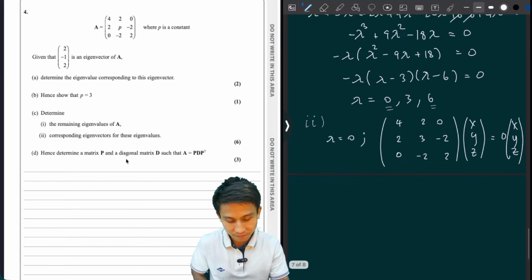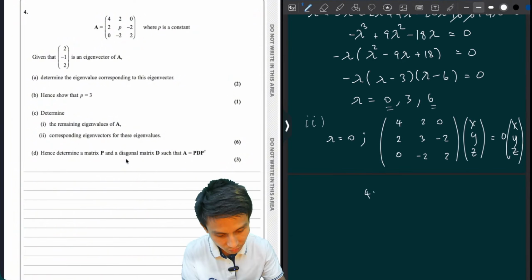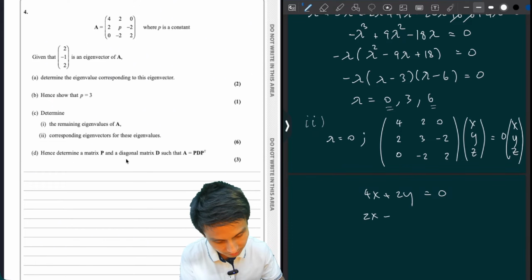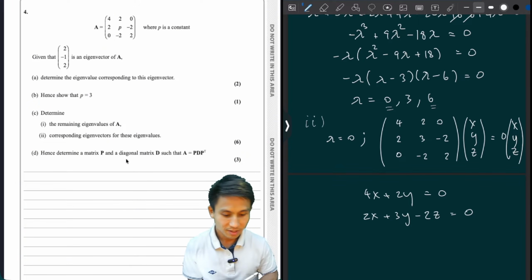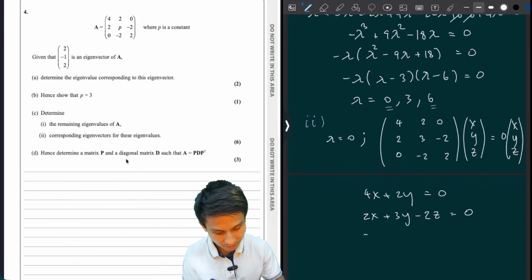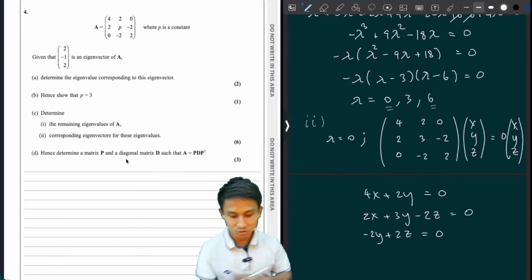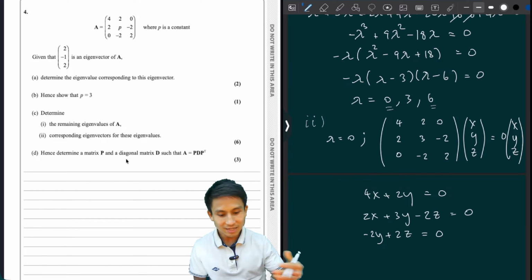So here for the first row, we have 2x plus 2y equals 0. For the second row, we have 2x plus 3y minus 2z equals 0. And then the third line, we have minus 2y plus 2z equals 0. So we just solve simultaneously and get some value here.